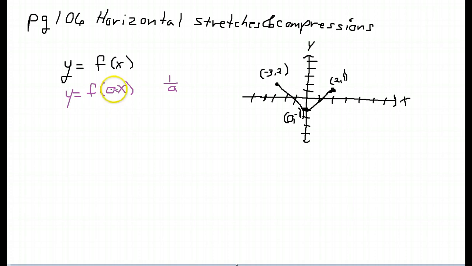Now, the graph will stretch if a is between 0 and 1. It stretches horizontally if a is between 0 and 1. This is a stretch.